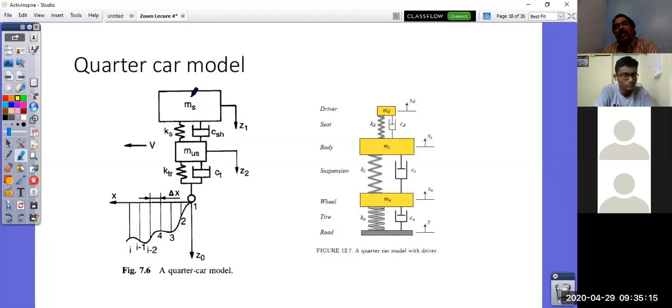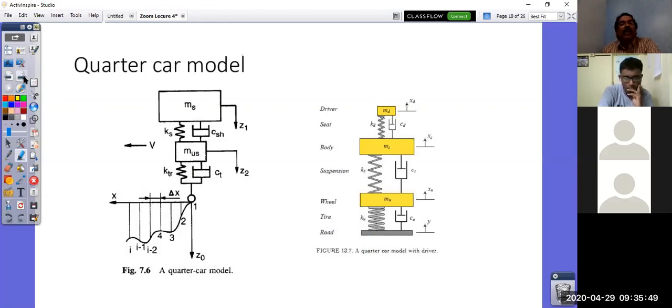Essentially, this is the bounce frequency, and this is called the wheel hop frequency. These frequency values and their amplitude ratios are sufficient to give an insight into an important motion called bounce. If you want to improvise, there is also a model of a quarter car with the human attached here. The governing equation and natural frequencies are all available in the Jazar textbook for your reference.